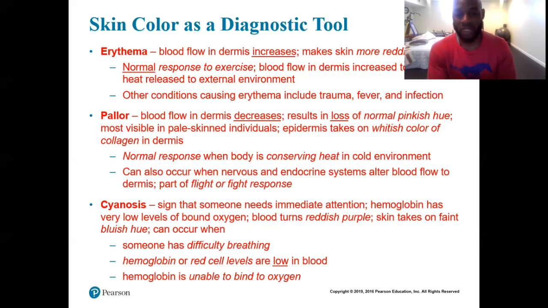This can happen, for instance, to someone who's choking; they're not getting oxygen into their blood. Oxygenated blood tends to look red. Deoxygenated blood tends to turn more of a bluish or reddish purple color, and therefore you have what we call cyanosis.